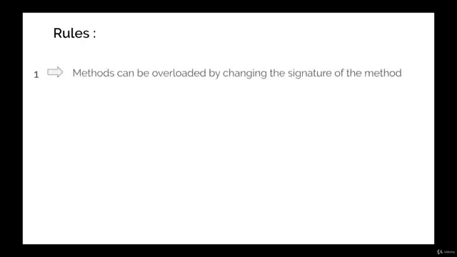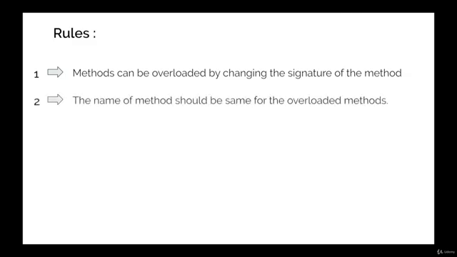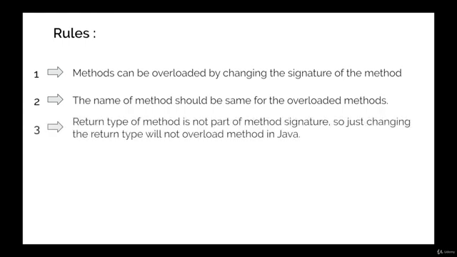The first rule says that a method can be overloaded by changing the signature of the method. The second rule says the name of the method should be the same for all the overloaded methods. The third rule says the return type of a method is not part of the method signature, so just changing the return type will not overload the method in Java.